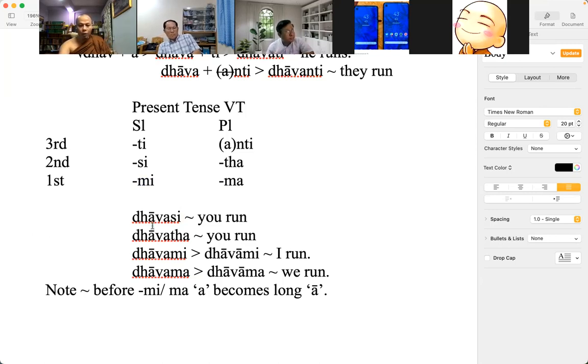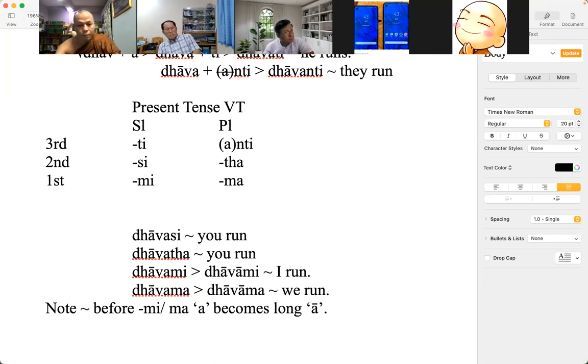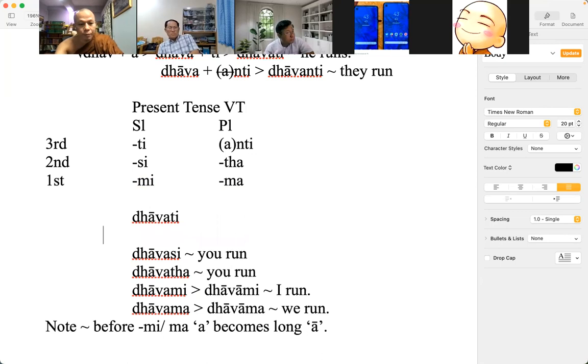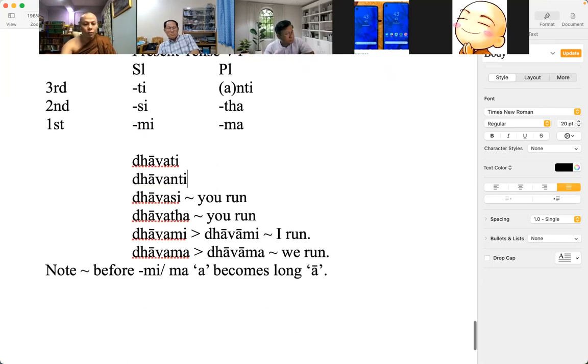So you see here only the verb form changes: third person singular is dawati and plural is dawanti. Okay, so only the verb form changes now, but the subject we already understand. I, he runs, and then they run.